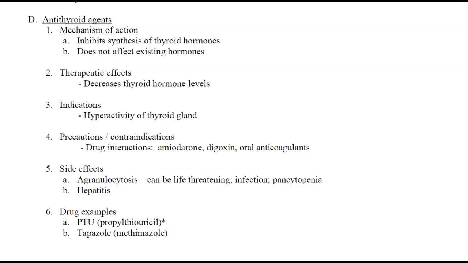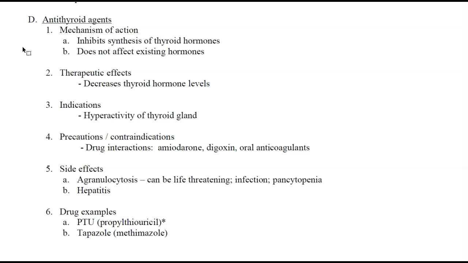Side effects include agranulocytosis, which is basically a dangerously low level of neutrophils, which are a WBC or white blood cell. This can be life-threatening, and so it increases risk for infection. It can also cause pancytopenia. So pancytopenia is basically the depletion or deficiency of all three cellular levels of the blood, which are the red blood cells, white blood cells, and platelets.